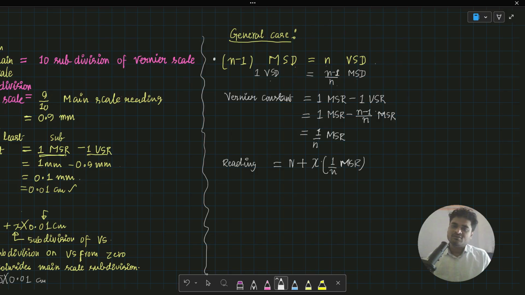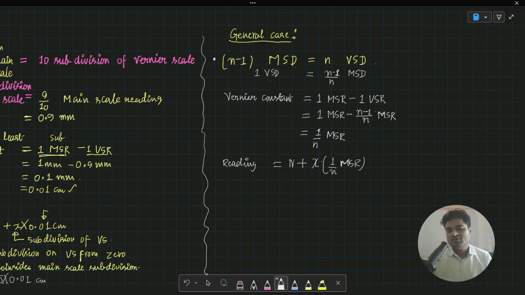From here we'll find the vernier constant or the least count of this device, which is 1 main scale division minus 1 vernier scale division, and from here we get 1 by n main scale subdivision. So the vernier constant or least count of this vernier calipers is equal to 1 by n of the main scale subdivision.